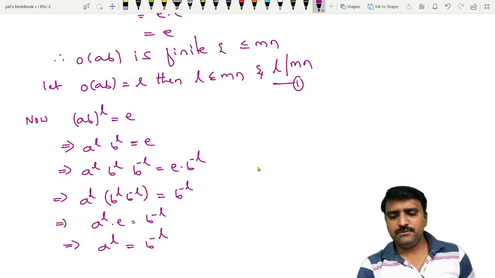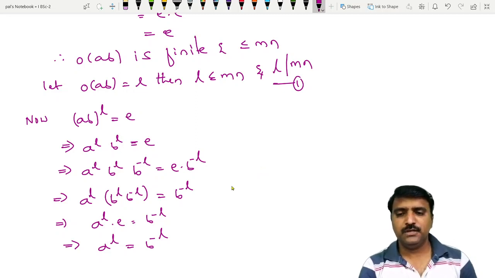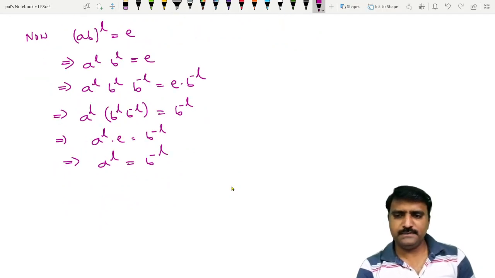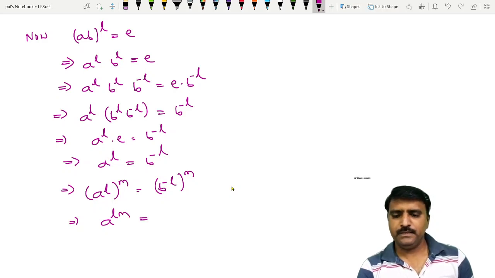So now on both sides raise the power to m, which implies that a to the power of L whole to the power of m is equal to b to the power of minus L to the power of m.